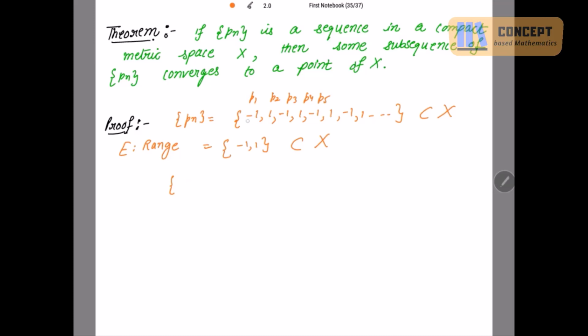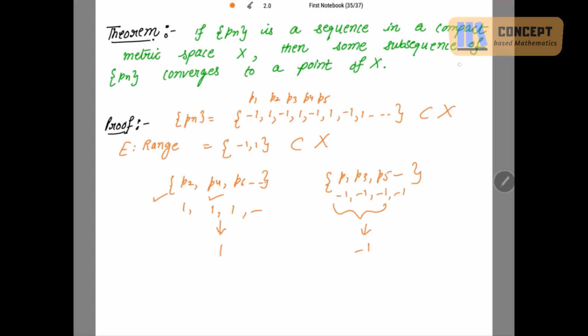I'm collecting these positive numbers, that is P2, then P4, then P6. This will be my subsequence for the positive number: 1, 1, 1. I can also have my subsequence of negative numbers, that is P1, P3, P5, and so on: -1, -1, -1, -1. What is actually happening? This subsequence is converging to 1, and this subsequence is converging to -1.